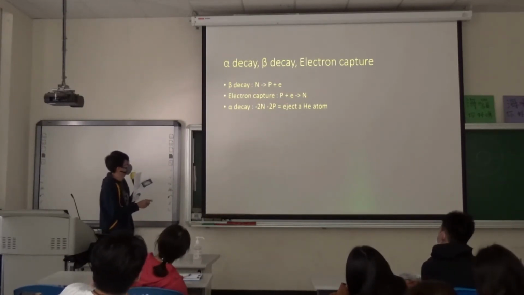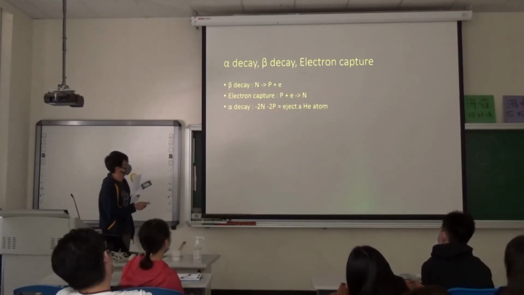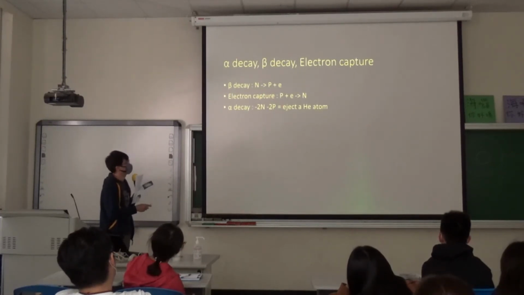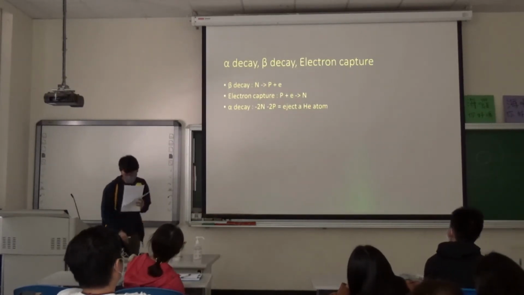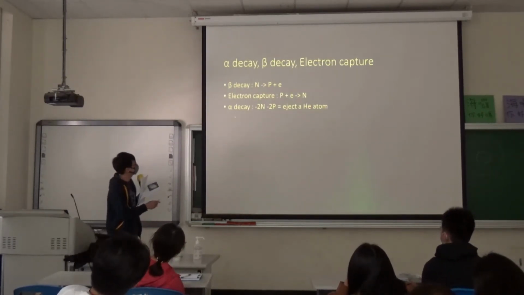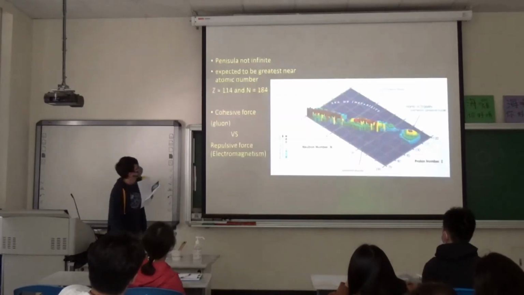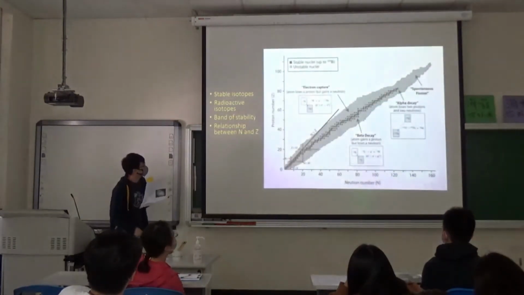Alpha decay loses 2 neutrons and 2 protons. Because we found this phenomenon, we call it ejecting a helium atom, so we can also call it helium decay. And this can be used here.